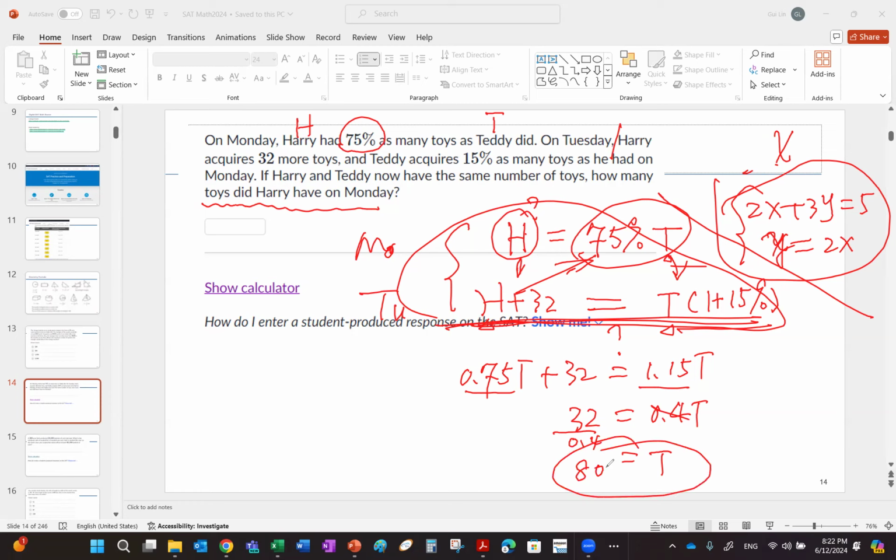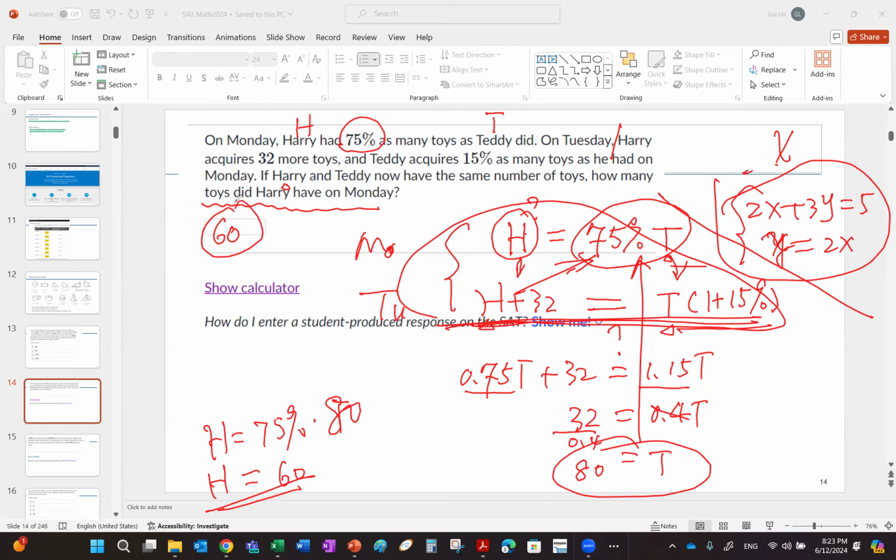Since T equals 80, the question asks for Harry, so put it back here. H equals 75% of T, replaced by 80, so you get 60. So the answer here, you just need to put in 60. So this will be an easy one.